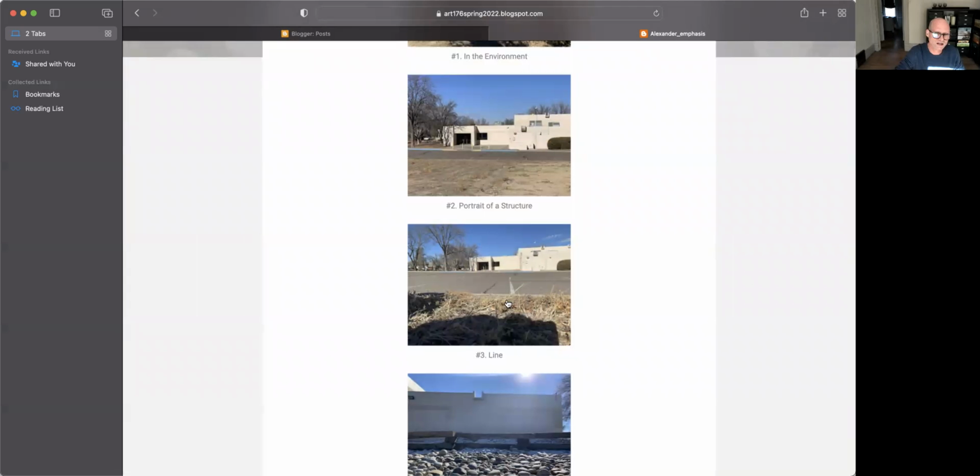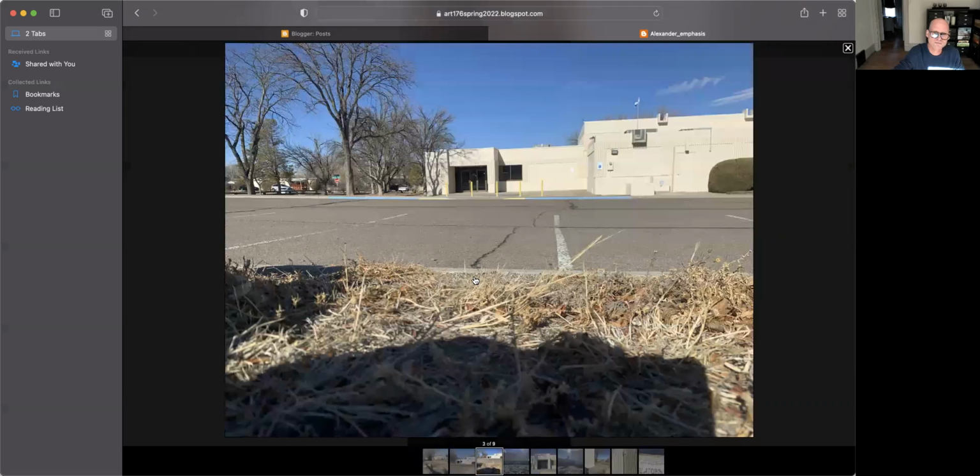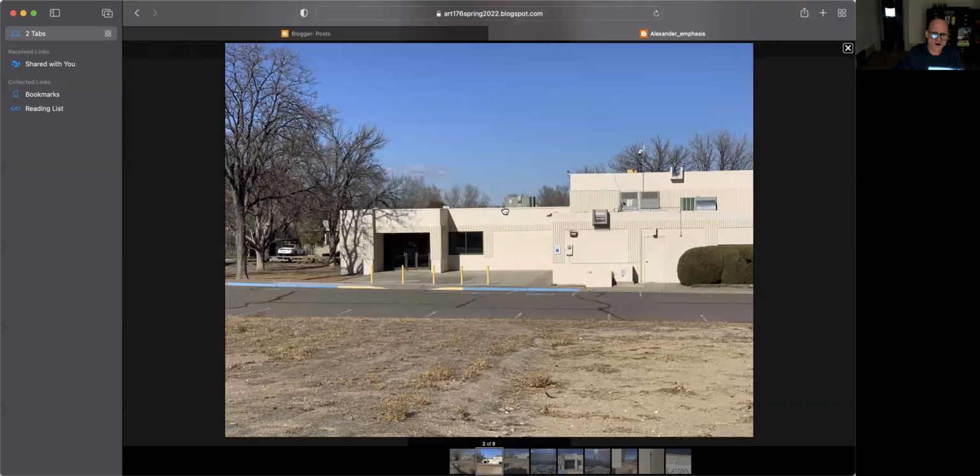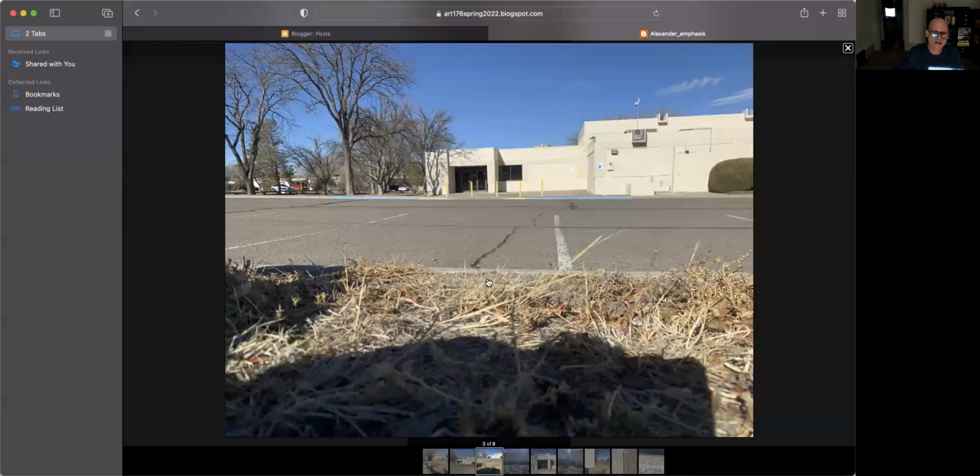Here, what's strange is we didn't move much closer. I'm not sure if you were at a long lens or something, but it doesn't appear that you've moved any closer on this next shot, which we wanted you to do. You're using line here. I can see you're looking at a line, right?